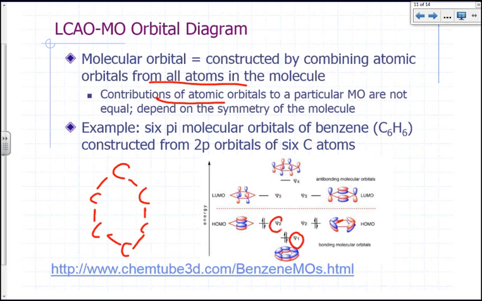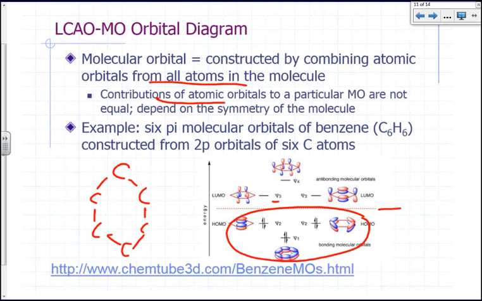They're labeled psi1, psi2. You have 2 psi2 orbitals that are different but have the same energy, and then psi3 refers to the orbitals of the 3rd energy level. So these are your molecular orbitals as they are constructed from the p orbitals of the 6 carbon atoms. In comparison to the energy of the p orbitals where they come from, it turns out that these 3 molecular orbitals are lower in energy.